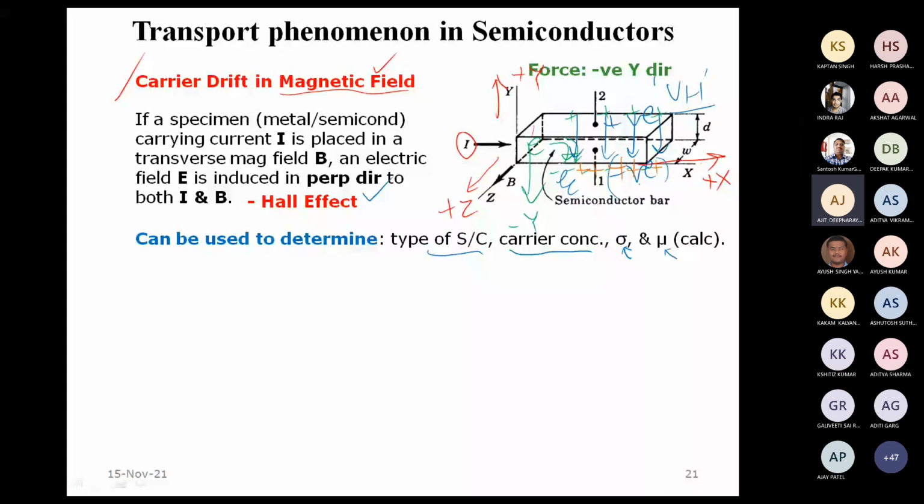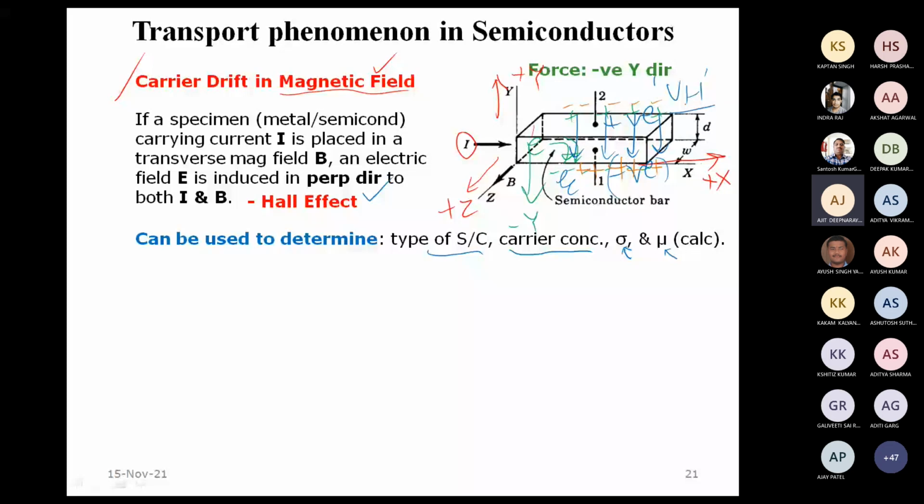So phase 1 becomes positively charged compared to phase 2, and the electric field induced is in the reverse direction, and so is the direction of the induced voltage VH.